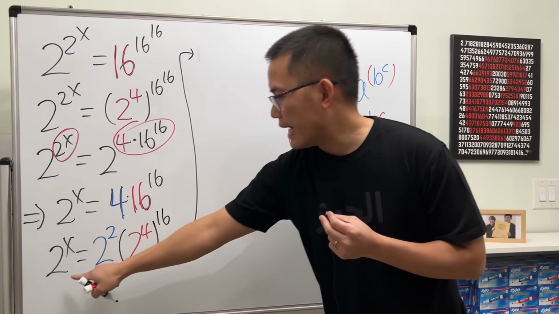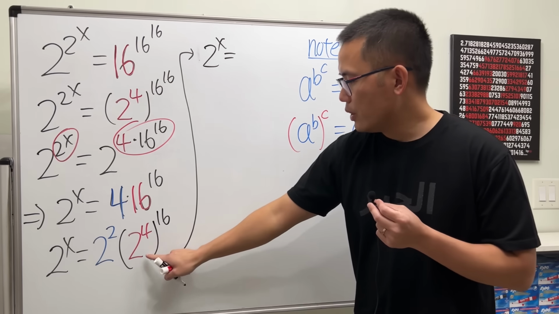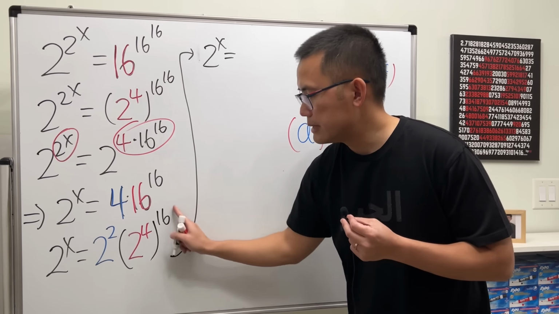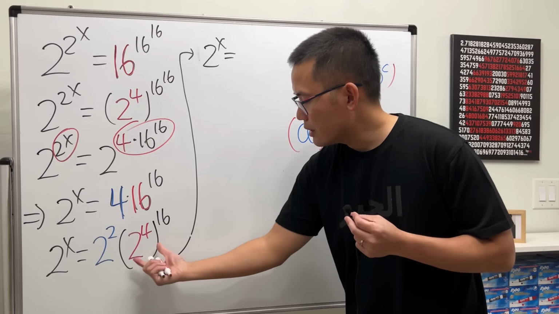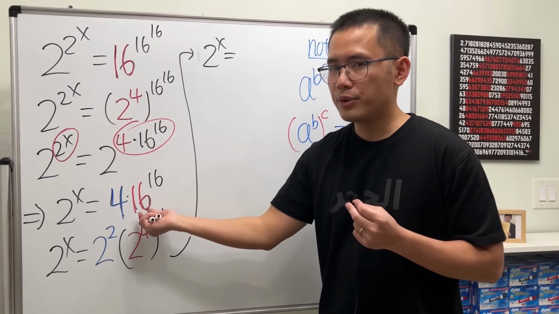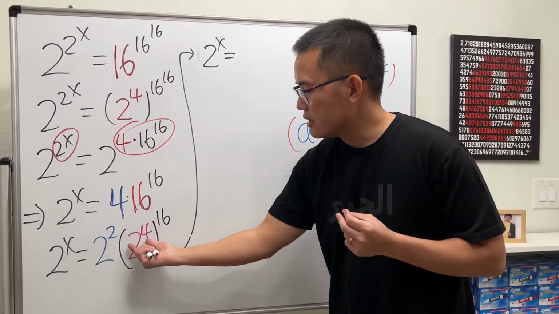On the left hand side, we still have 2 to the x. But on the right hand side, notice this part, 2 to the 4th to the 16th, we work out this part first. Order of operations: inside the parentheses, leave it as this. Then the next thing is exponents.